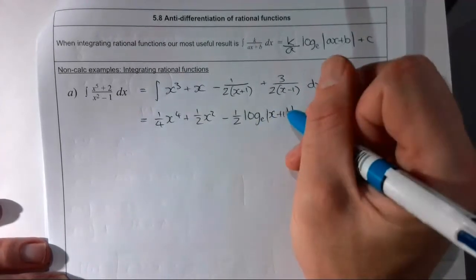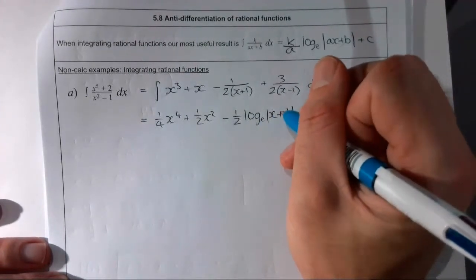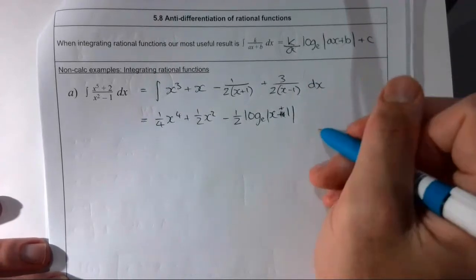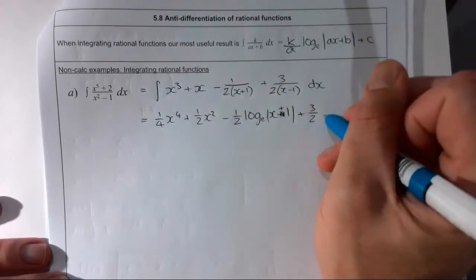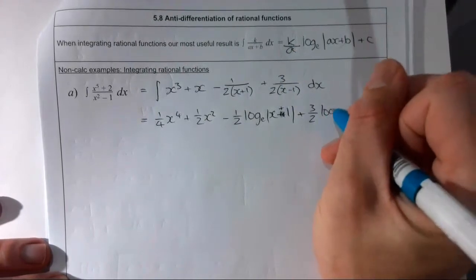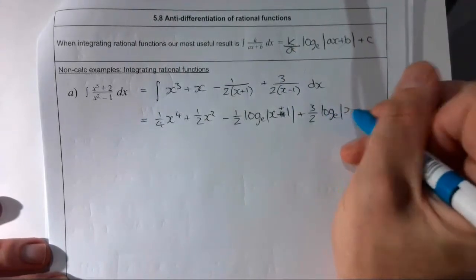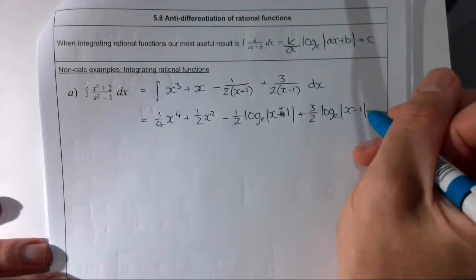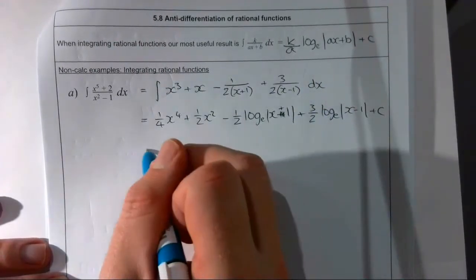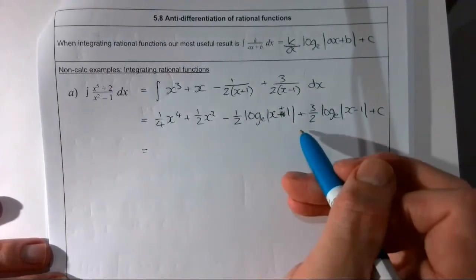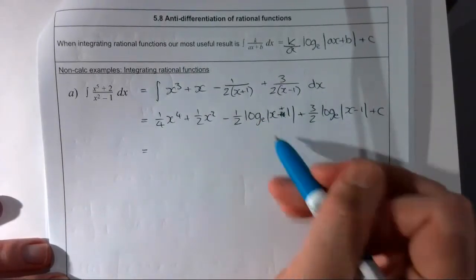So all I'm doing at this point is using this form above with k and with a. A in both cases is just 1, and k is minus a half and 3 over 2. And then the real thing we're going to look at today is how we combine these into one log.